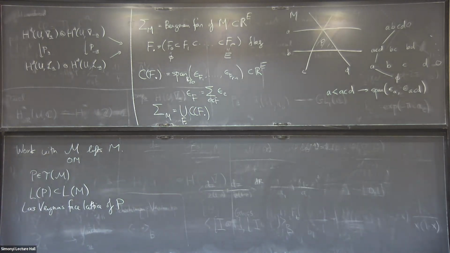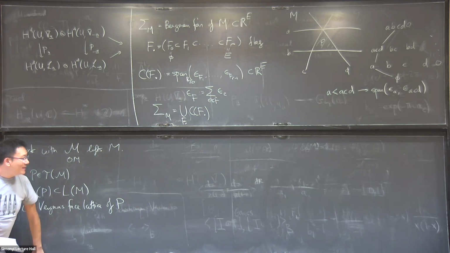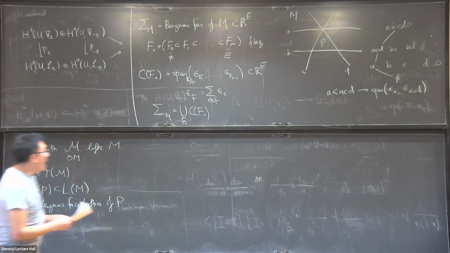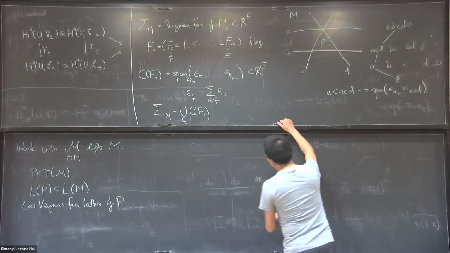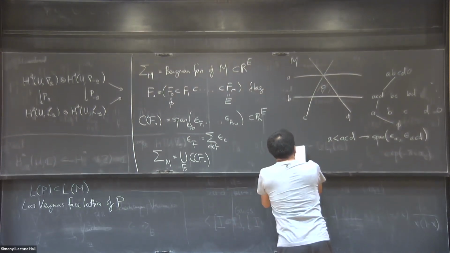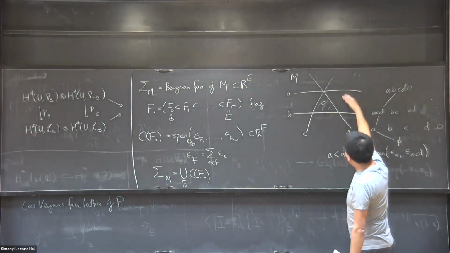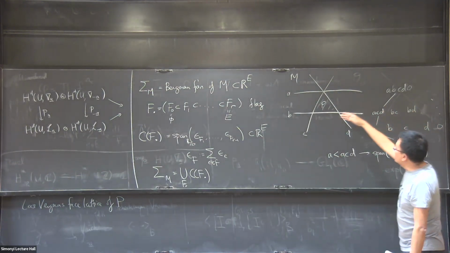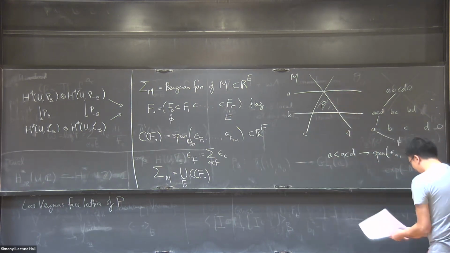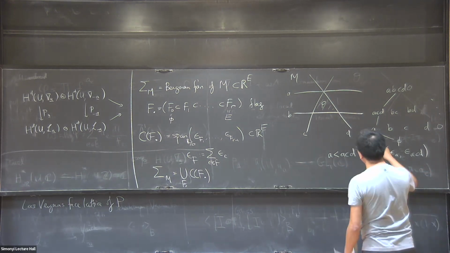There are big face lattices and small face lattices, and this is the small one. There's a definition in terms of covectors, but in this case, what you do is take everything in here that is a face of P. So it's the part of this picture that's a face of P.